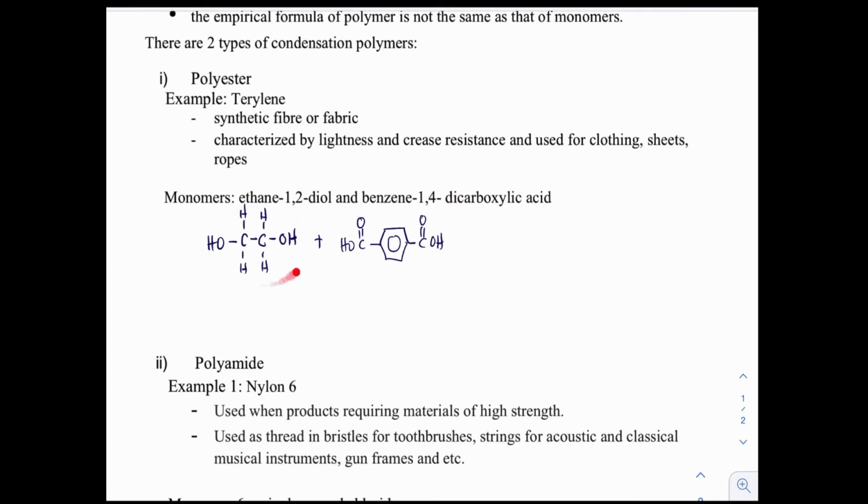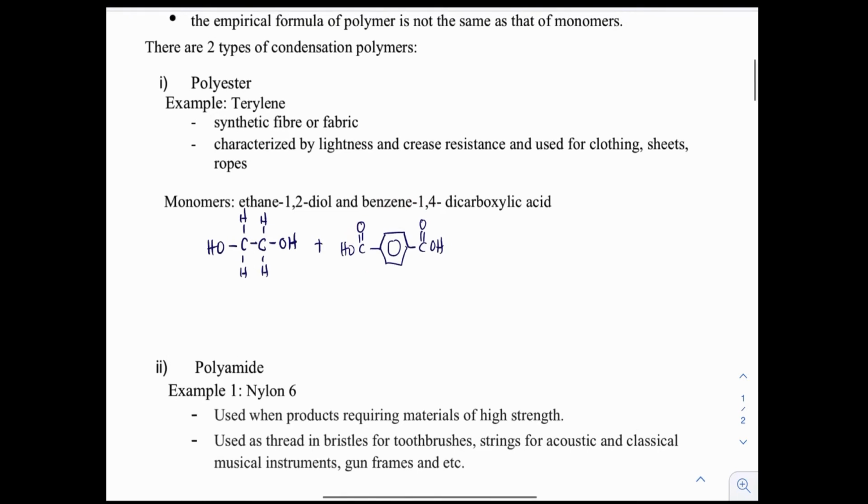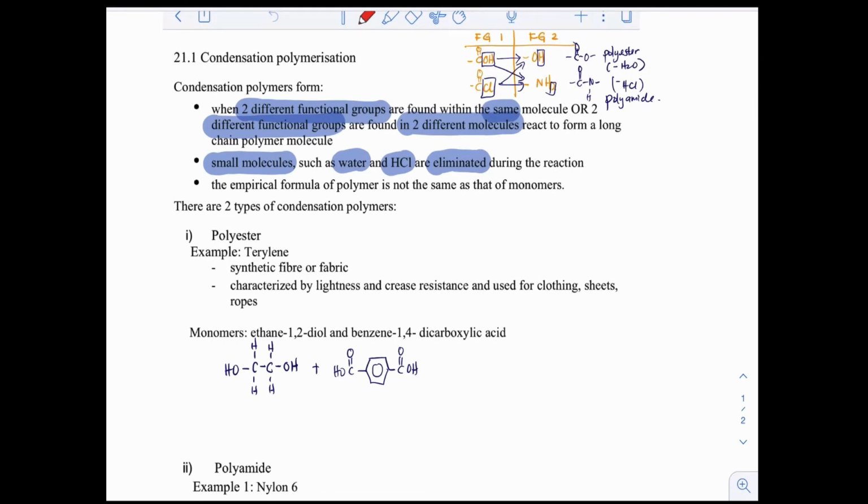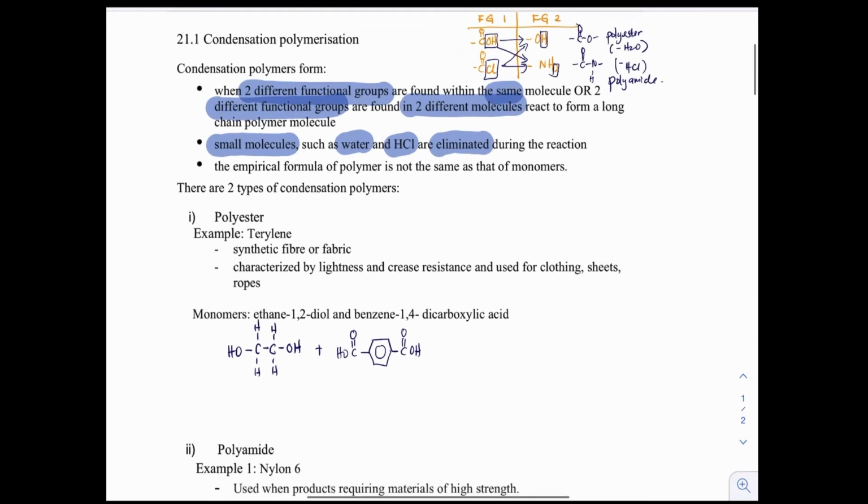1,4-dicarboxylic acid. So when these two monomers react together, we will see that it fulfills the conditions which we have mentioned earlier on. Right now, you can see that one of the functional groups is alcohol, which is from here. The other functional group is carboxylic acid, which is from here.